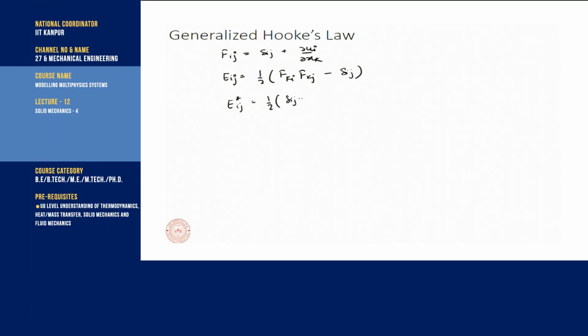F of ij is delta ij plus del ui by del xj. That was our deformation gradient. Our Lagrangian strain was 1 by 2 (F transpose F, that is F of ki F of kj, minus delta ij), or minus I, that is our Lagrange strain, and then our Euler strain is 1 by 2 (delta ij minus F inverse ki F inverse kj).